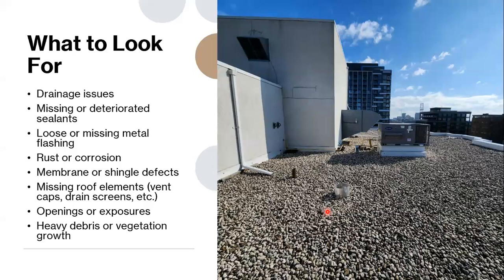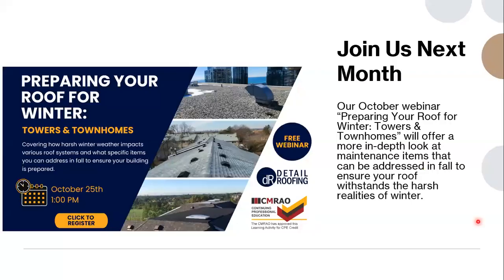And again, we are reaching the end of our hour, so I will just mention that for more information on specific maintenance items and what to look for, we will be holding a webinar on October 25th. That's called Preparing Your Roof for Winter: Towers and Townhomes.